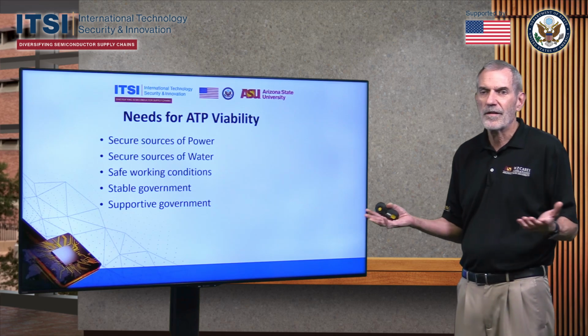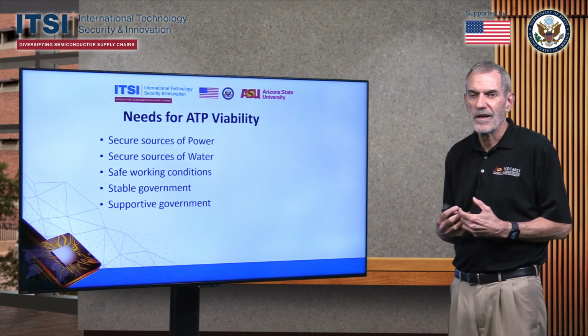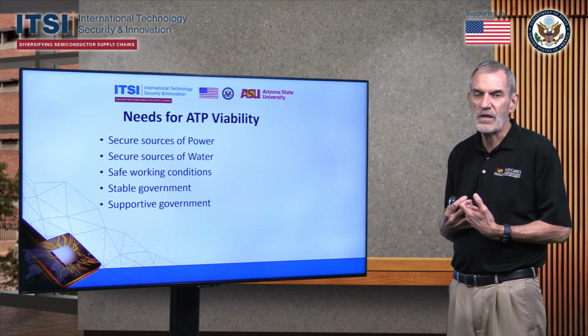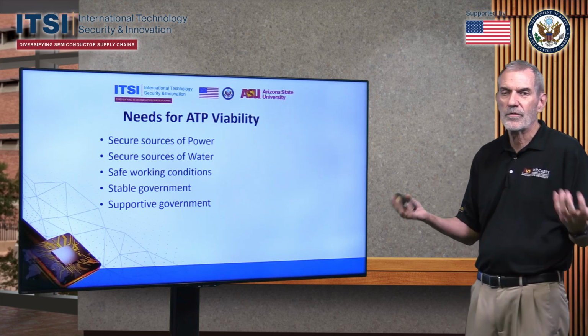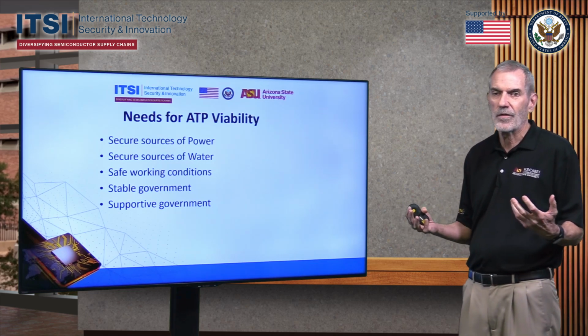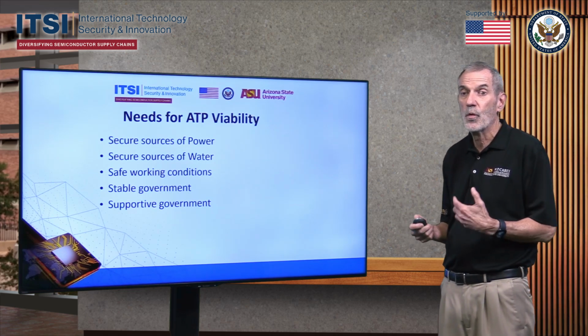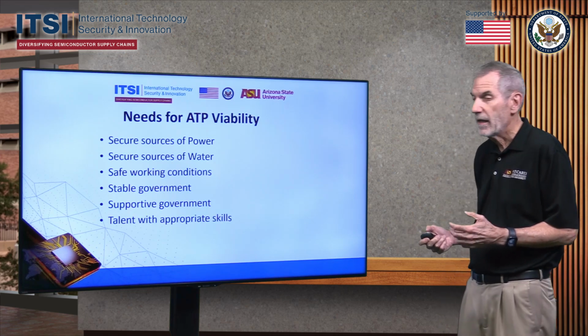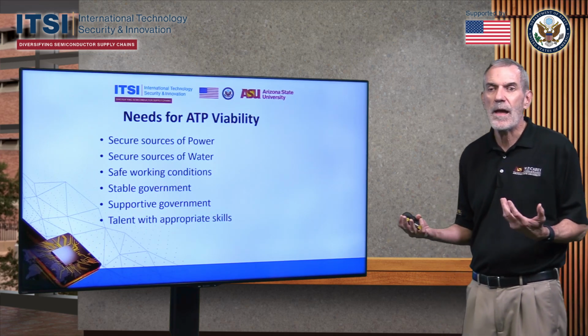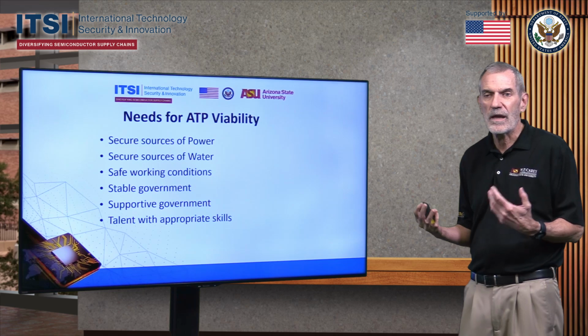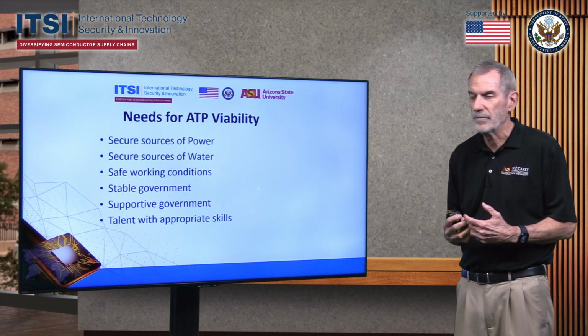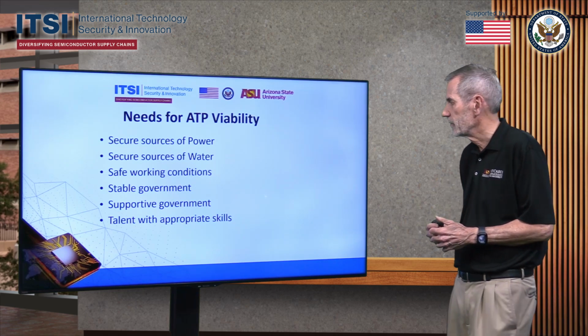So that's not an even playing field. That was a big purpose of the CHIPS and Science Act, to try to address that and to try to have the government more supportive of the industry. And we had something rare happen in the United States on that: we had bipartisan support for it. That doesn't happen very often these days.